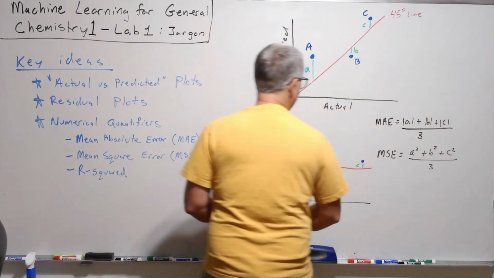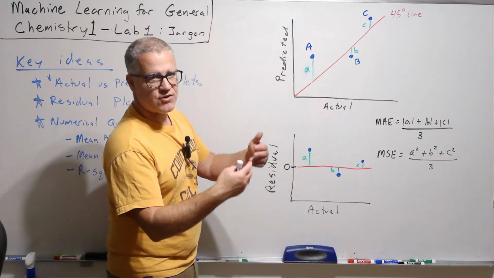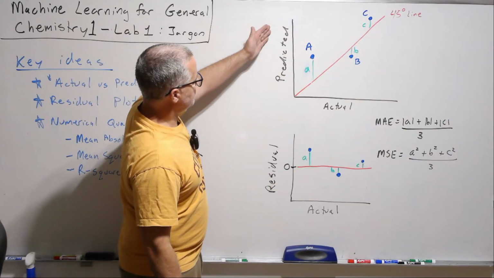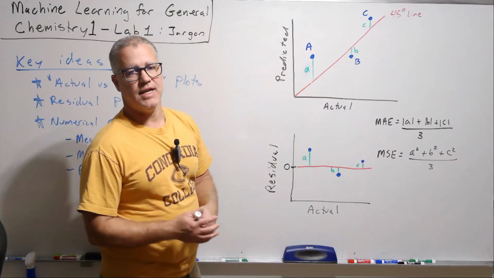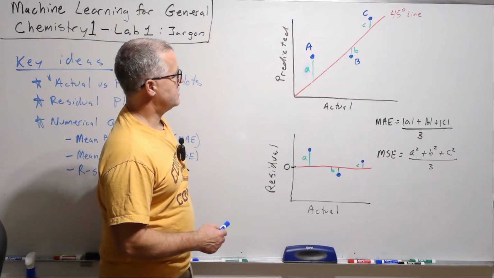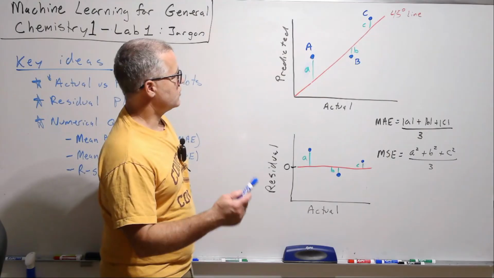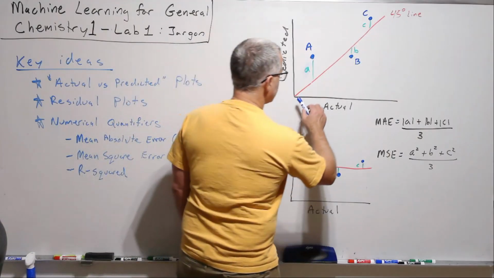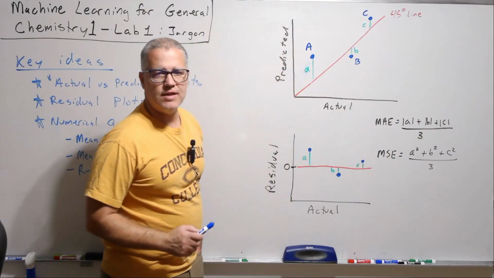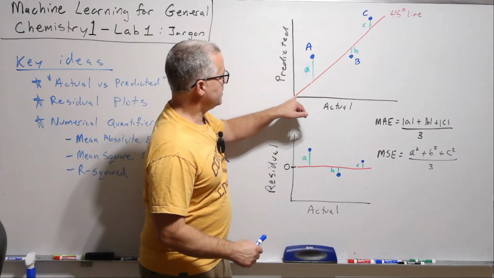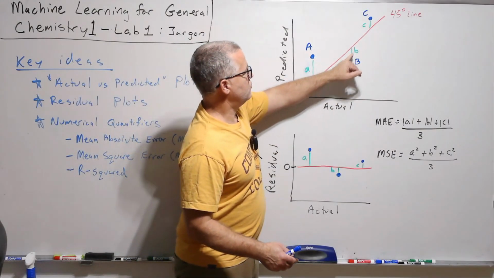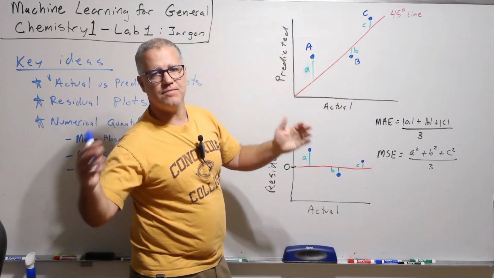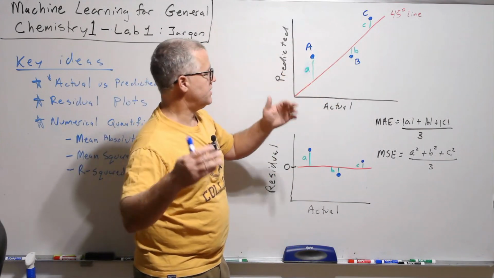So what is done after a model is run is we plot the predicted value versus the actual value on a test data set that the model is working with. In an ideal case, for every value, here I've got three values, the blue with the capital letters, we might have 1,000, 10,000, a million, 10 million, whatever.